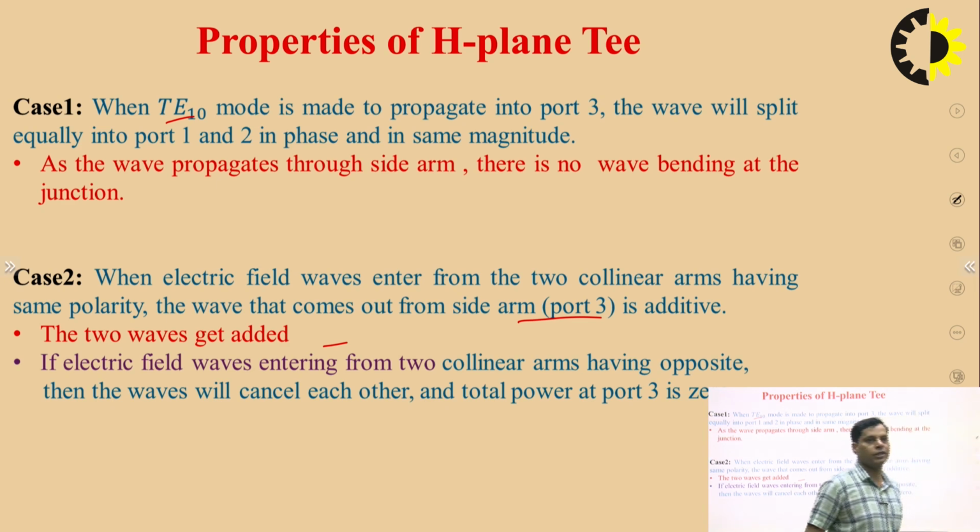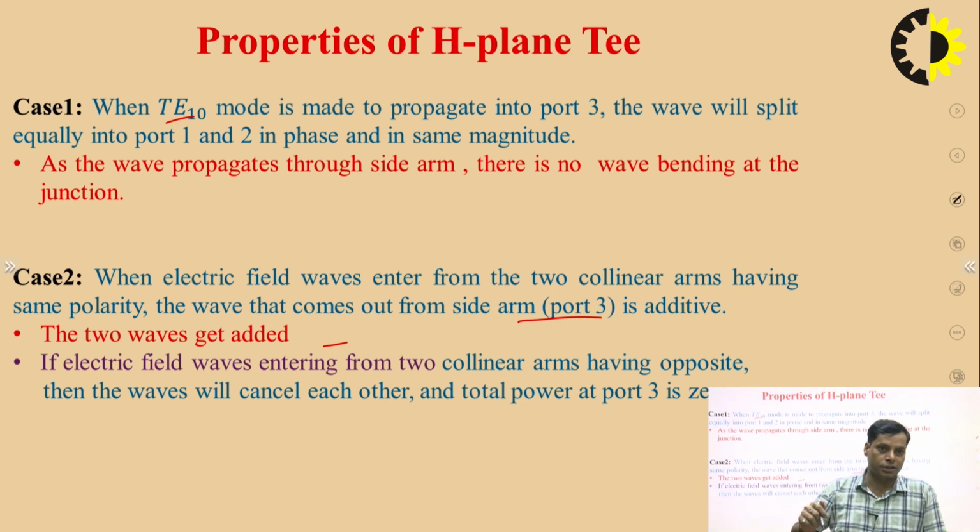Now, this is the basic theory regarding this H plane T. To measure its characteristics, how can we do it? For that, we can go for the derivation. The basic tool for calculating these properties is to find the characteristics of port 1: when we apply input at port 1, what output do we get at port 2 or 3.